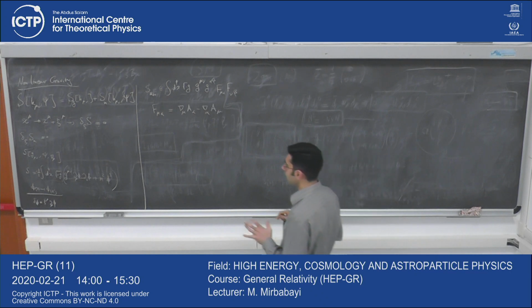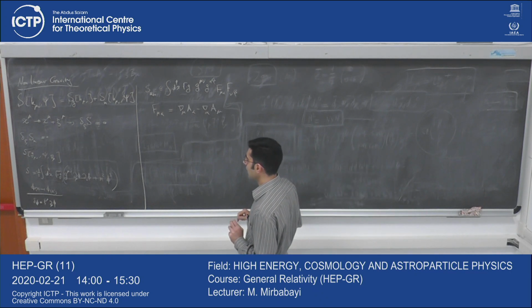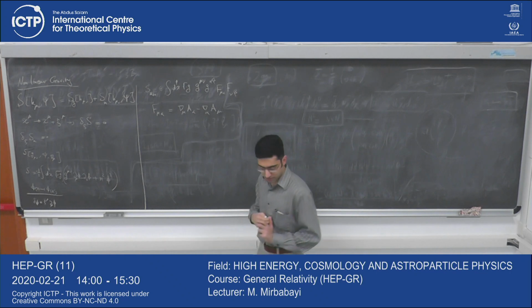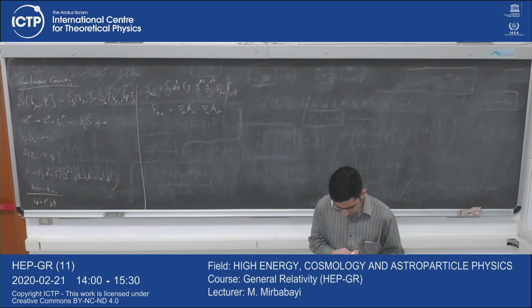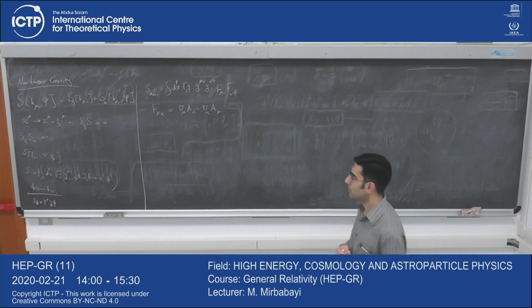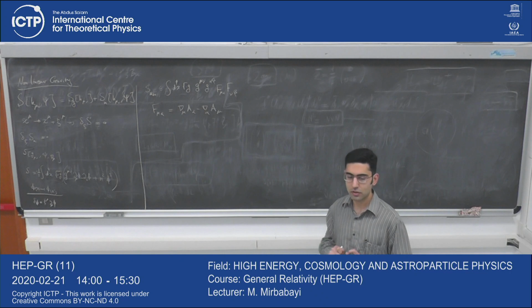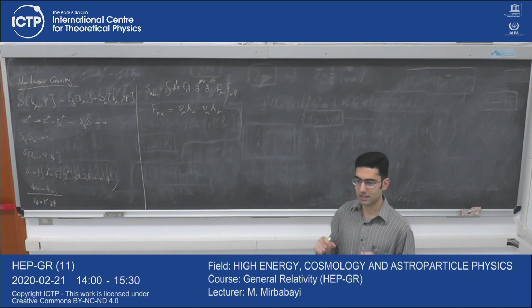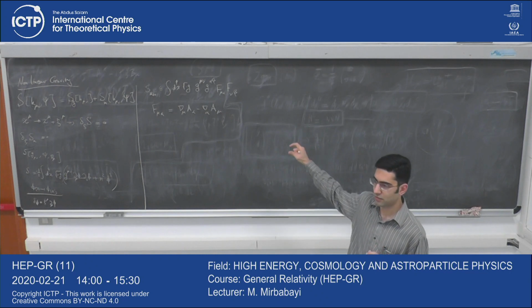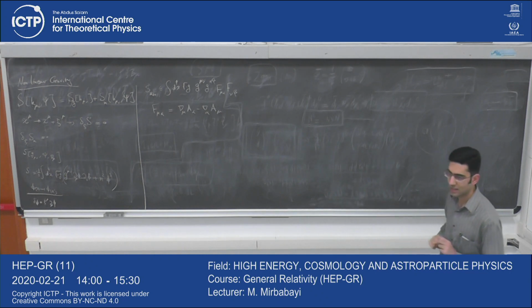Now, imagine that we found this general covariant action. Then from there we can define a new way to derive an energy momentum tensor. Now it's an energy momentum tensor that is defined for this gravitational theory.